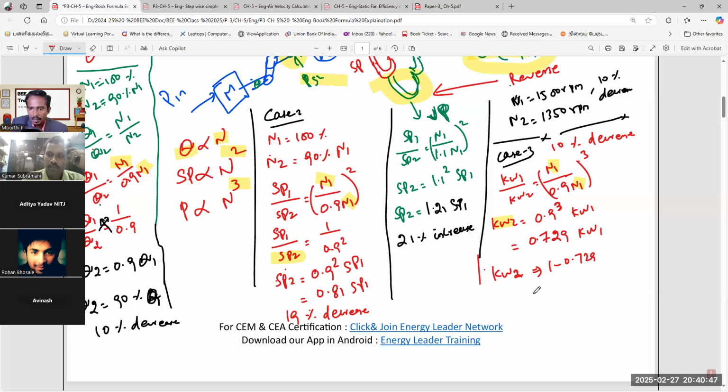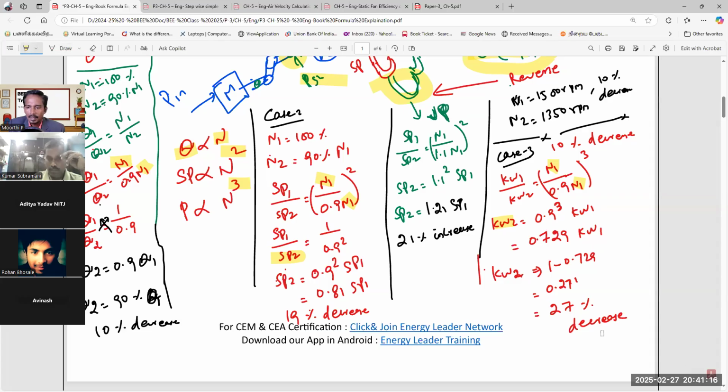What is the value? 0.271. That means a 27% decrease.